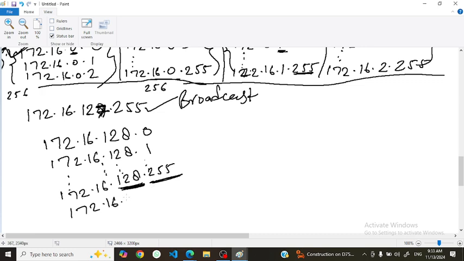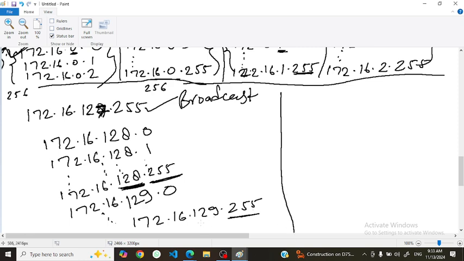So we will make an increment here to 129.0, and then it will reach up to 172.16.129.255. And now this octet has been completed, so the next increment will be in the third octet, 130.0.